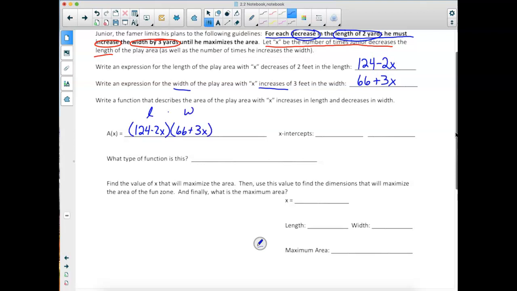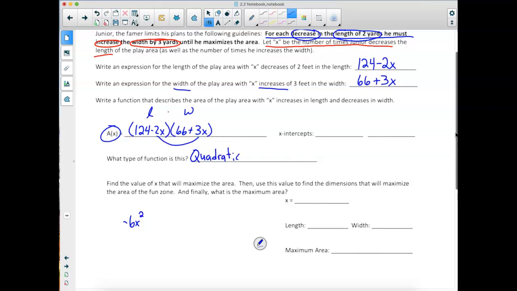Length times width gives me area. How am I going to find my x-intercepts? Check it out. Even before I do it, look. What's that going to be? That's going to be negative 6x squared. Negative 6x squared is going to be my biggest power in there, so that's going to make this quadratic.